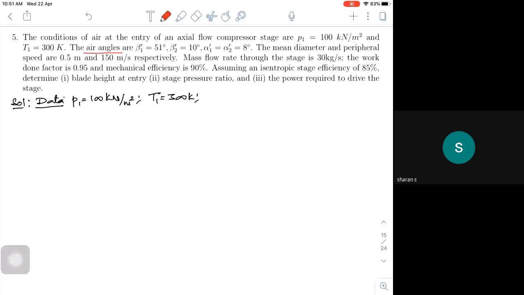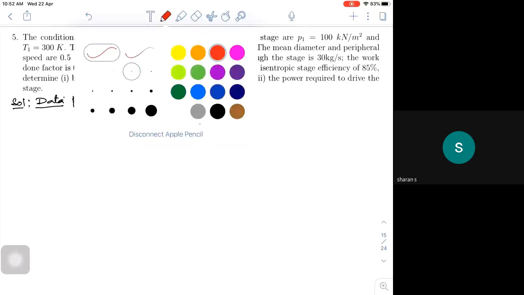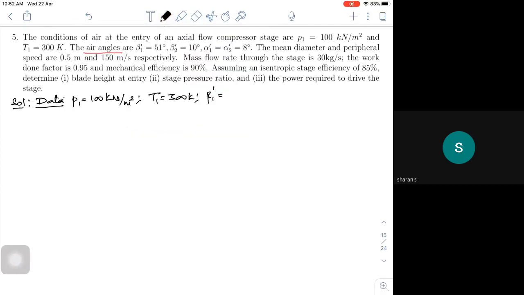So I call beta 1 dash as 51 degrees and beta 2 dash as 10 degrees, and the corresponding alpha 1 dash and alpha 2 dash as 8 degrees. All these are air angles.